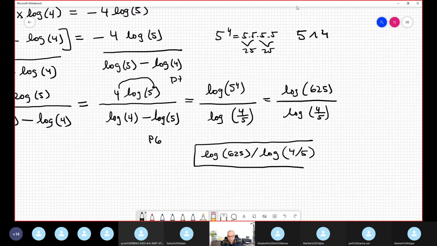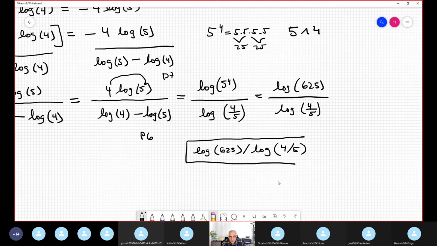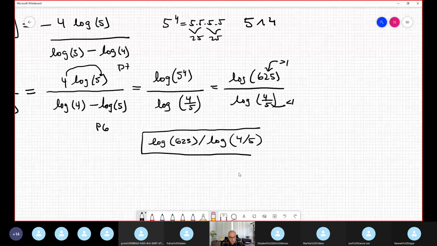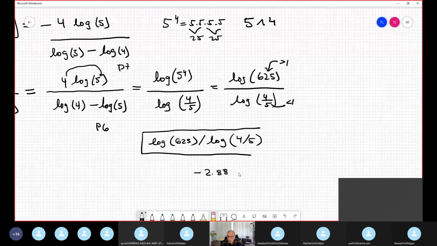Bam. Okay, it's negative, and it is expected to be negative because this number is greater than 1, but this number is less than 1. When a logarithm's argument is less than 1, it is negative. And the answer I get in my display, check and see if I made a mistake.